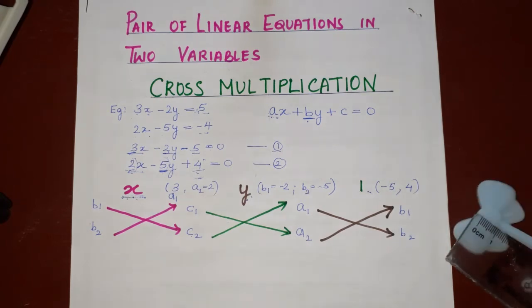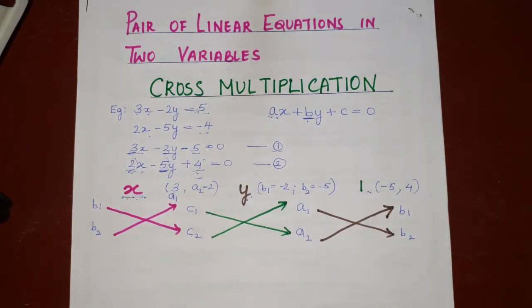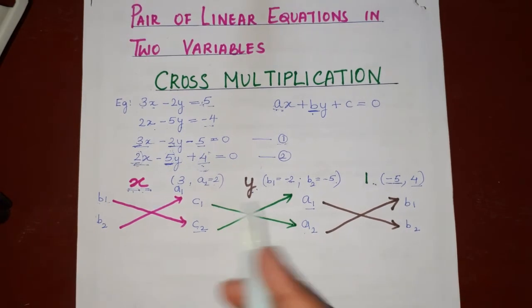Once we are done putting the arrows, now we need to put the values. We know b1 is -2, b2 is -5, c1 is -5, c2 is 4, a1 is 3, a2 is 2. So according to this, we are going to put the values now.